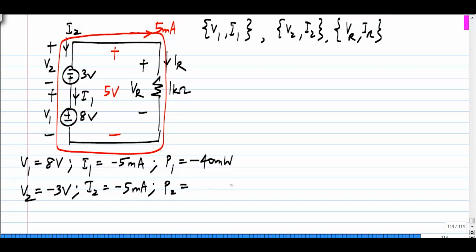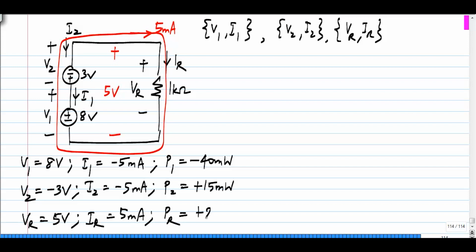So, P2 is minus 3 times minus 5, which is plus 15 milliwatts. This is again the power absorbed in the 3 volt source. And finally, the resistor voltage VR is 5 volts and the current IR is 5 milliamperes. So, the power PR is plus 25 milliwatts.